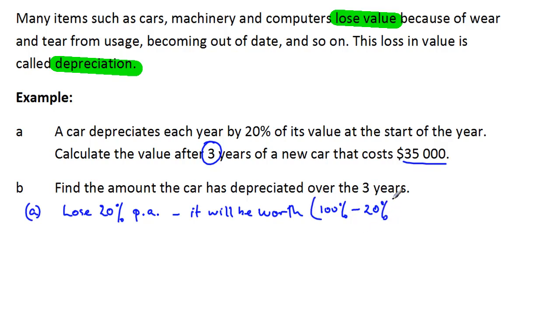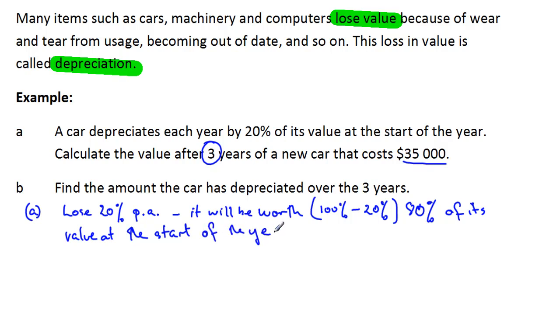So it will be worth 80% of its value at the start of the period, or at the start of the year.